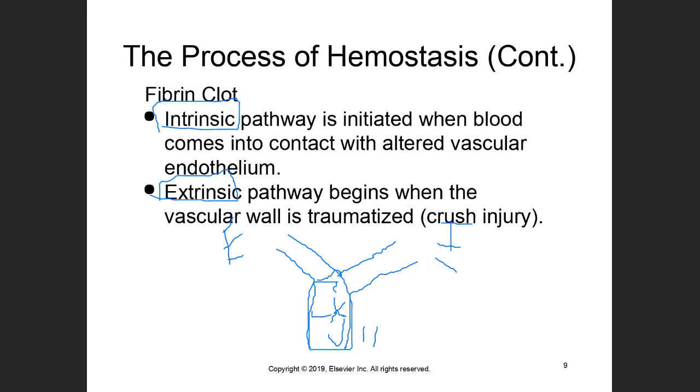In the extrinsic pathway, you have factor 7 and factor 13. The intrinsic pathway is related to PTT and to heparin, because heparin inhibits the intrinsic pathway. The extrinsic pathway is related to PT, prothrombin time, and is more related to warfarin.